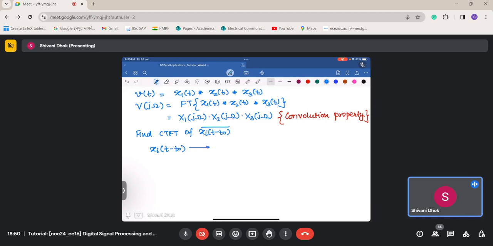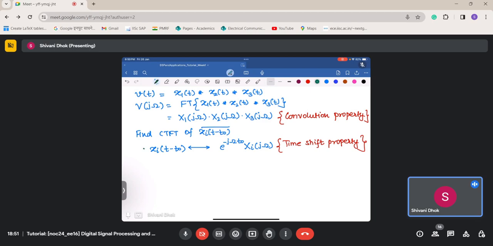It can be easily obtained through the time shift property of the Fourier transform, which says that if I shift in the time domain by a value t naught, then in the frequency domain I get a scaling by the complex exponential e power minus j omega t naught multiplied by the Fourier transform of the original signal. So this is the time shift property of the CTFT.